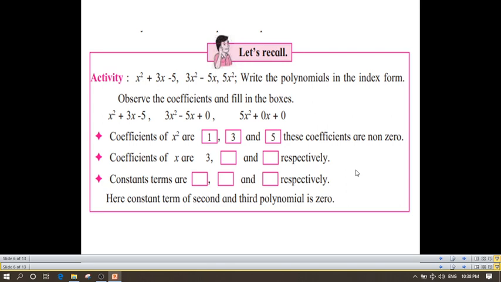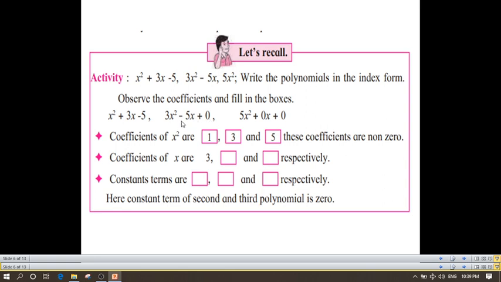Now consider another activity. What is the activity? x square plus 3x minus 5, 3x square minus 5x, 5x square. Write these polynomials in the index form and observe the coefficients and fill in the boxes. Now see here, first polynomial x square plus 3x minus 5, second polynomial 3x square minus 5x plus 0.